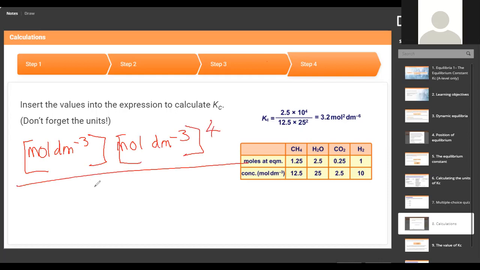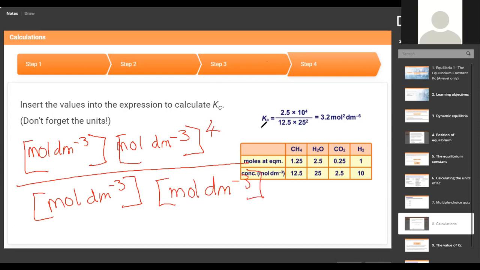Divide this by our CH4 and our water, and our water is to the power of 2. So let's do some cancelling out. This can cancel out this. We've got 2 here that can cancel out 2 of them, so we've got 2 of these left. The positive, we don't need to do anything to that. So that'll just be moles to the power of 2, 6. And so that's how we've got those units, 3.2 moles squared, decimeters to the power of -6.